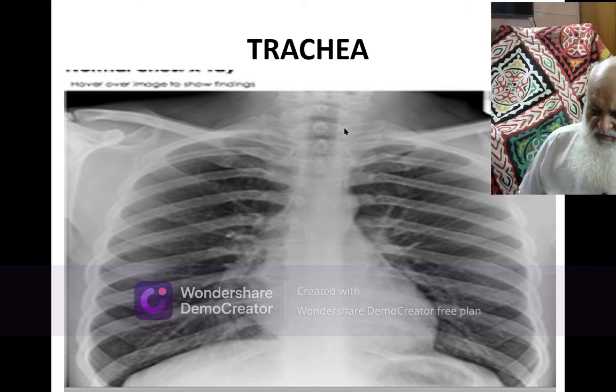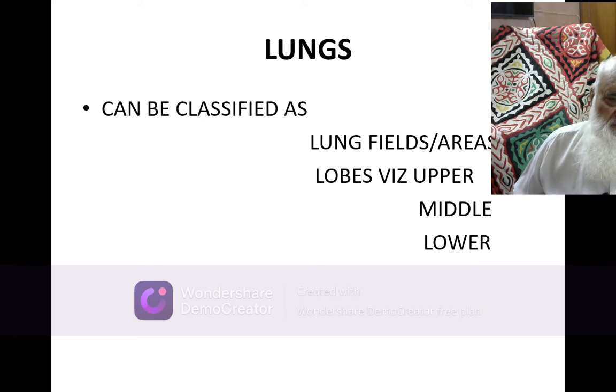Now we are coming to the very important part of our discussion, and that is the lungs. The lungs should be classified as fields, areas or zones. The lobes are upper, middle and lower on the right side, and on the left side there are 2.